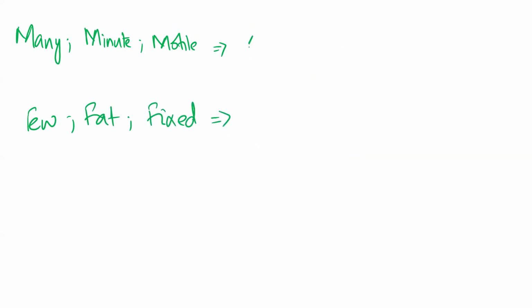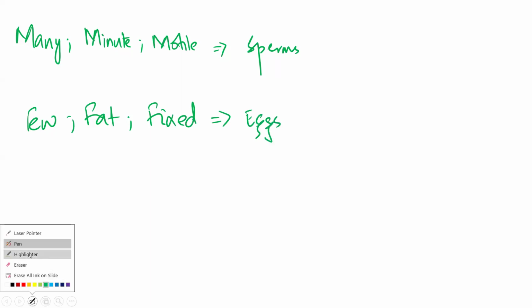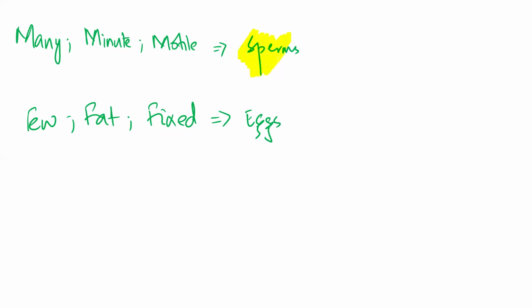These are eggs. Do you all understand what is meant by this? Sperms are many, greater in number. They are minute, meaning very small, and motile means they can move. But eggs are few, a female produces 1 egg per month, sometimes 2. And they are fat, meaning bigger. And fixed means they don't move from their place. Sperm has to travel up.